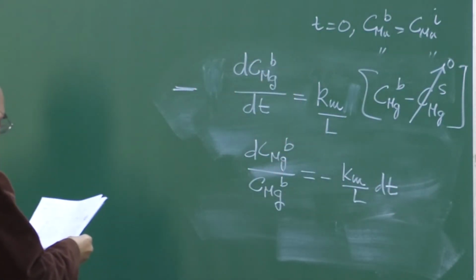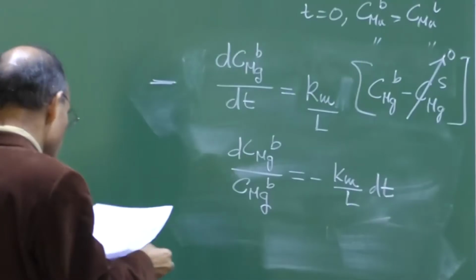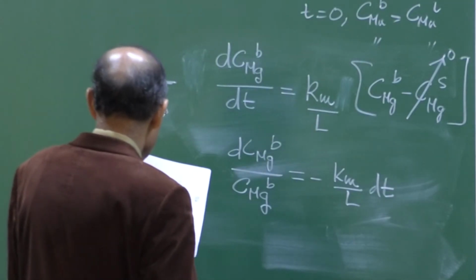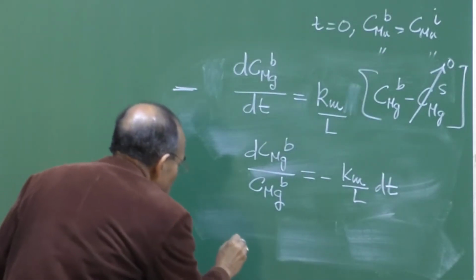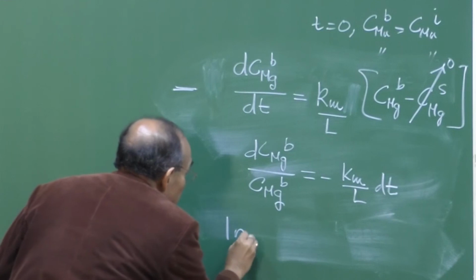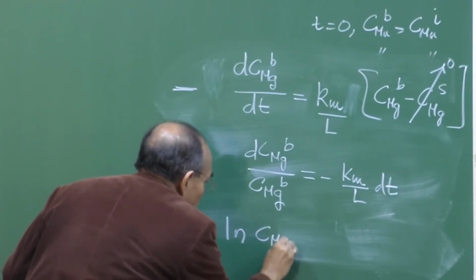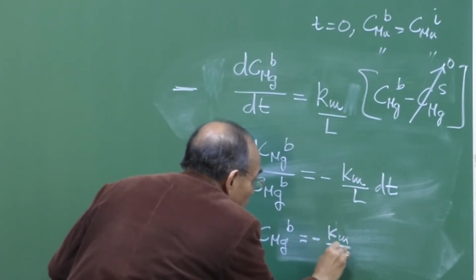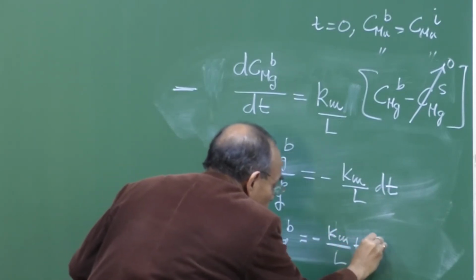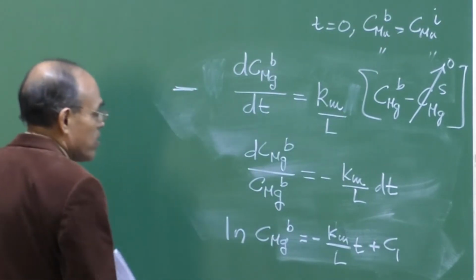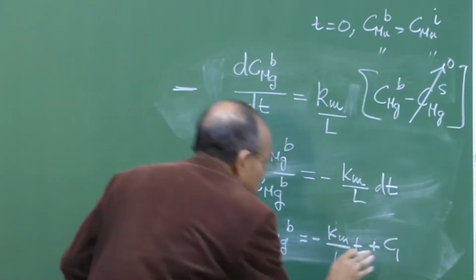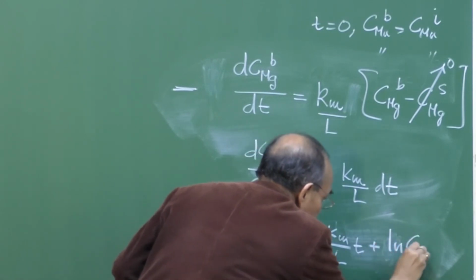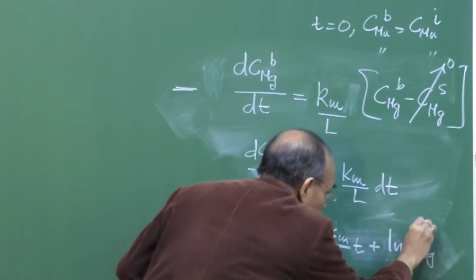Now if you integrate this, we have ln C magnesium bulk is equal to minus Km by L t plus C1, and when t is equal to 0, C1 is equal to ln C magnesium initial.